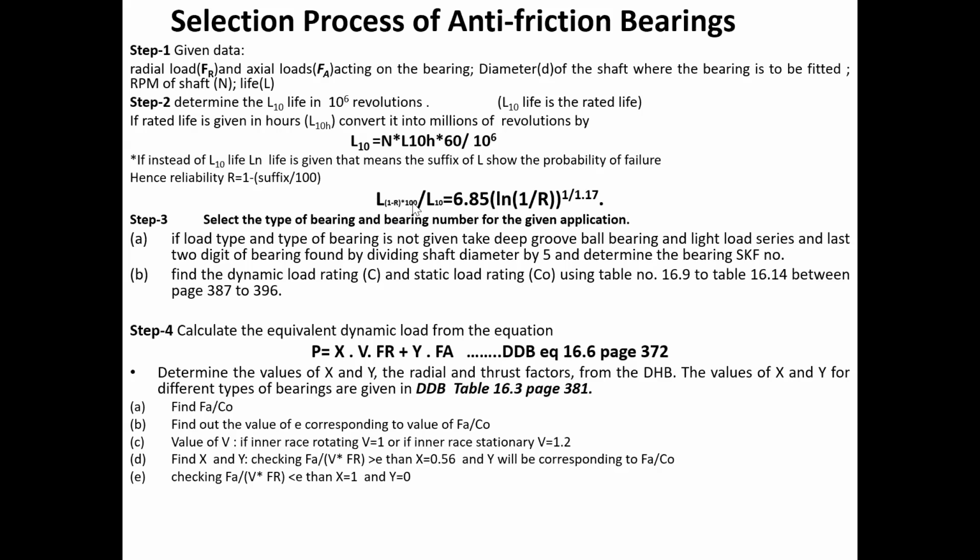Whatever is the life at 85% reliability, it will be L(1 minus R) into 100 life, that is L15 life, divided by L10 life is equal to (ln(1/R) divided by ln(1/0.9)) to the power 1 over 1.17.